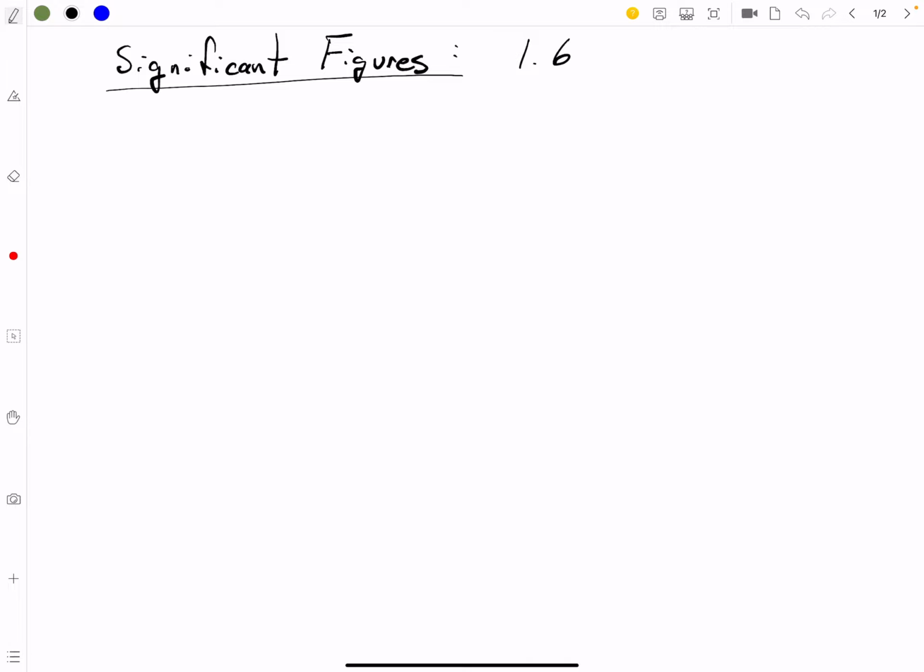So accuracy. Now what we're talking about is how accurate is our measurement. So accuracy in a measurement. Okay, so how accurate is our measurement?